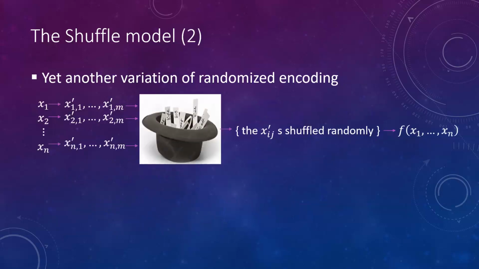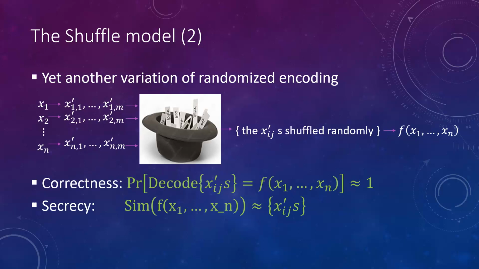So really it is another variant of randomized encoding, right? Every party takes their input and encodes it as a sequence of messages, then you put all of these messages in a hat, you shuffle it, you throw the messages out of the hat, and the evaluator takes the randomly shuffled set of messages and needs to compute the function, and you have the same correctness and secrecy requirement.